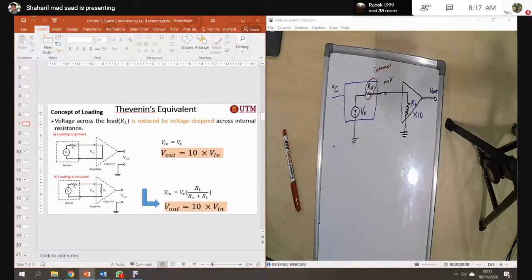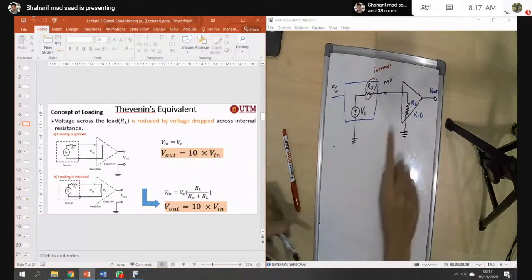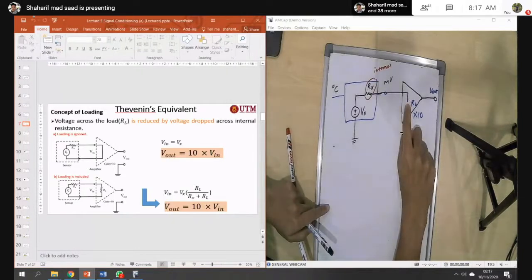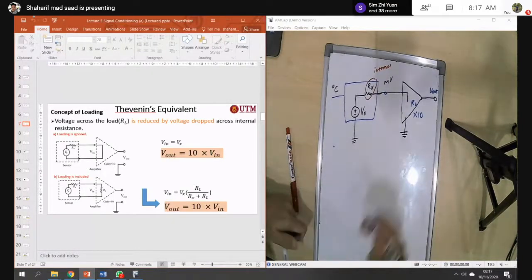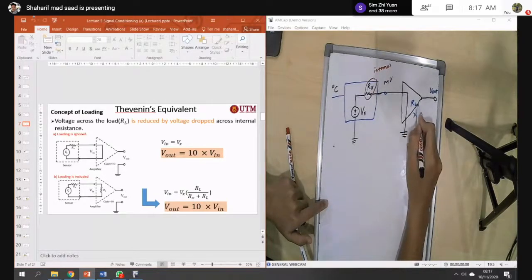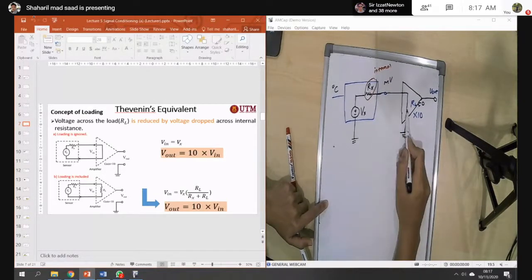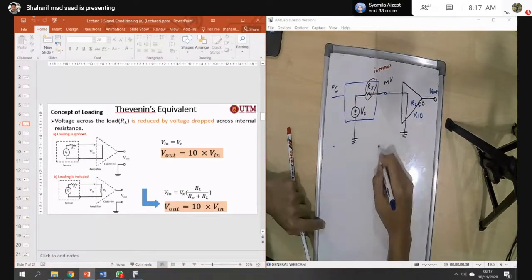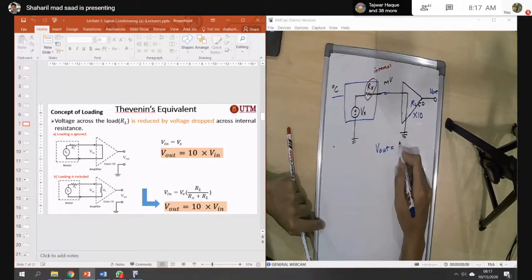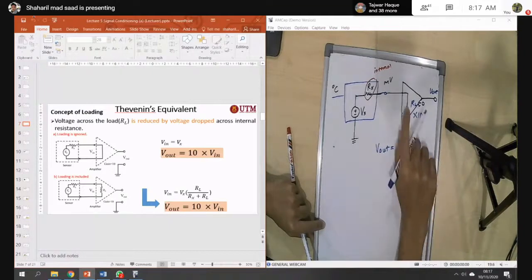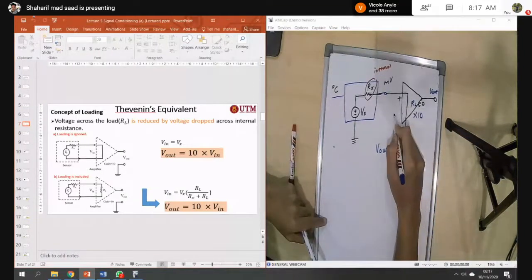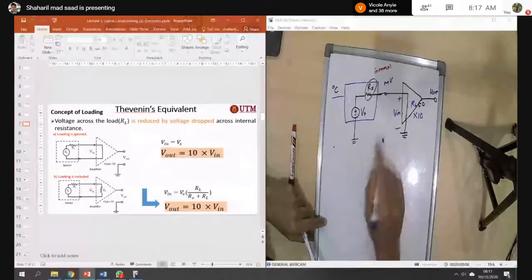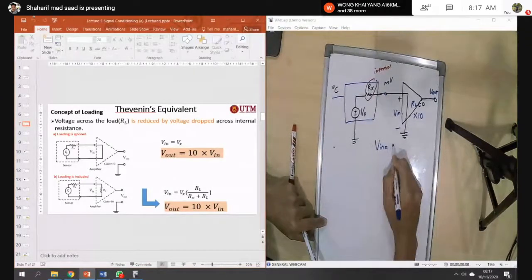So there are two cases. When you ignore the loading, that means the resistance here is equal to zero, almost equal to zero, like you can make it a short circuit. So from here, let's say this one is V in. V in equal to Vx.